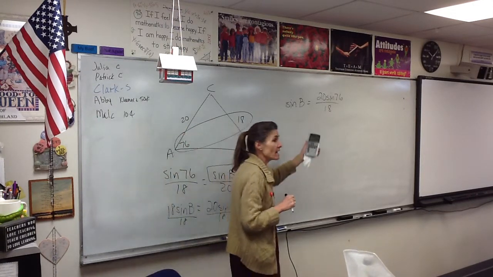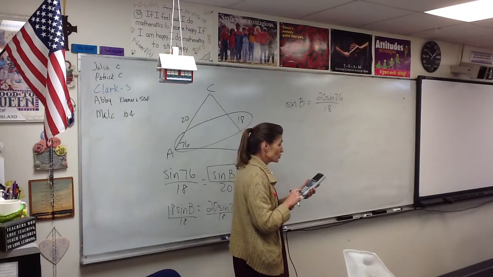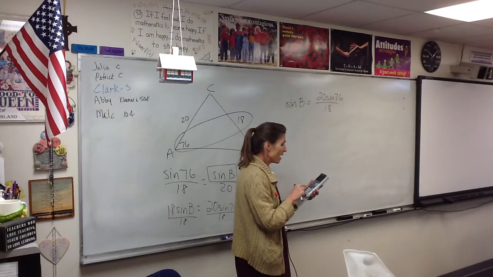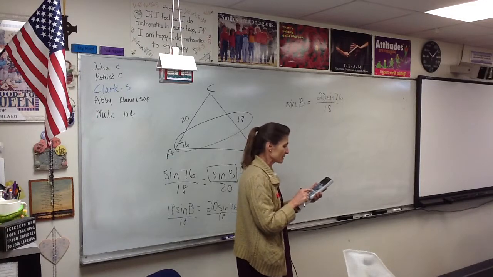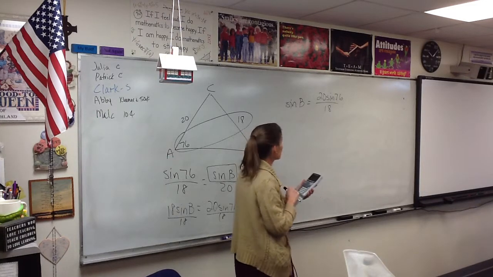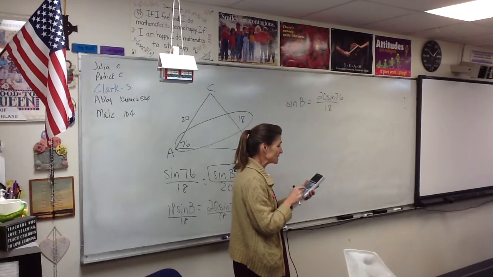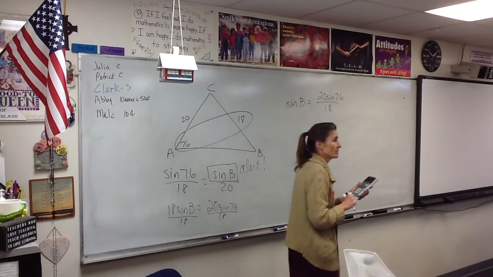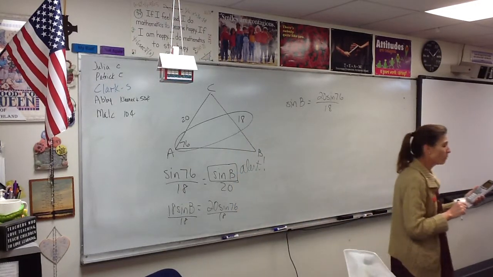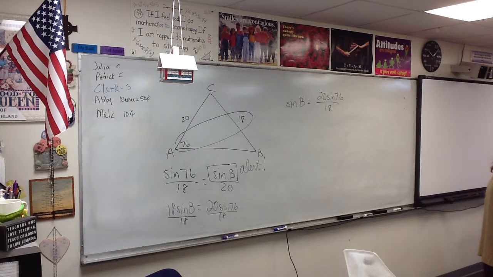And then we're going to type in 20 sine 76, close your parentheses, divided by 18 equals. Did everybody get 1.078 something? Yes. Okay?